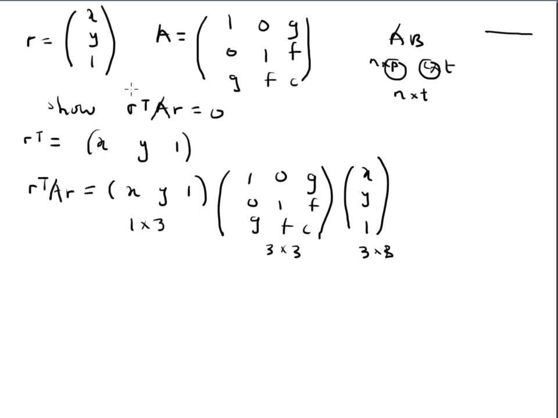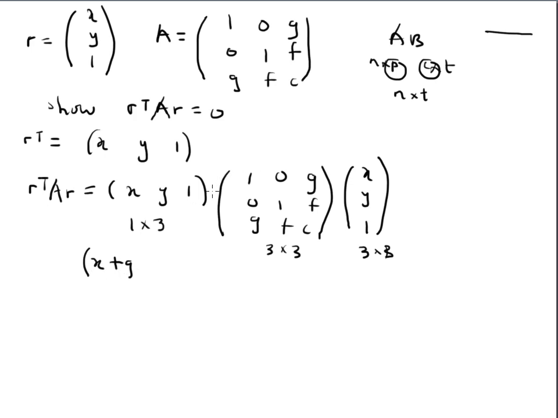Now I'll do this quickly so that we just move on. Multiplying this by this and this by this and this by this, we get x times 1, so x, and we get y times 0, which is 0, and we get 1 times g, and we add them. This x plus g is actually one term.